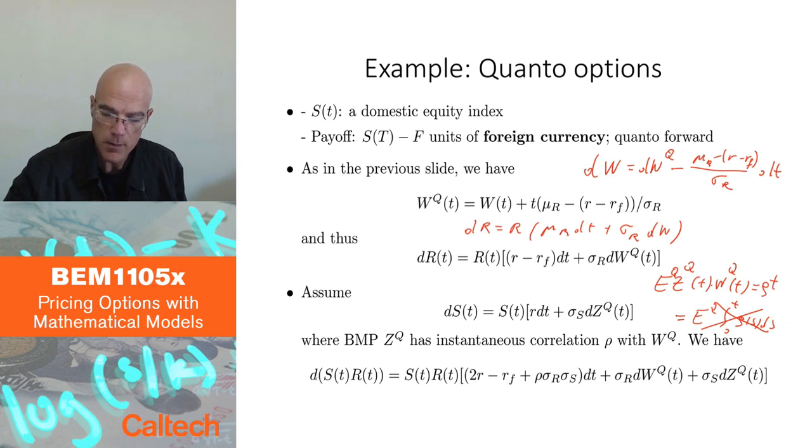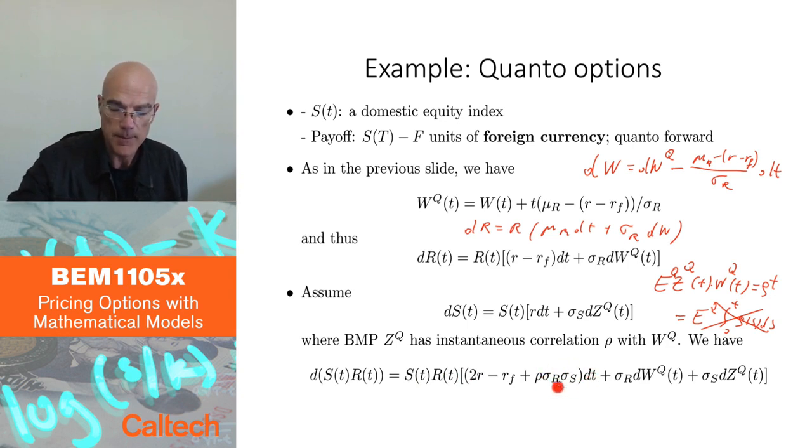The extra term is you multiply the dW terms, which is R, σ_R, S, σ_S, and you multiply all of that also by ρ. So you have R, σ_R, S, σ_S, and ρ, times dt.